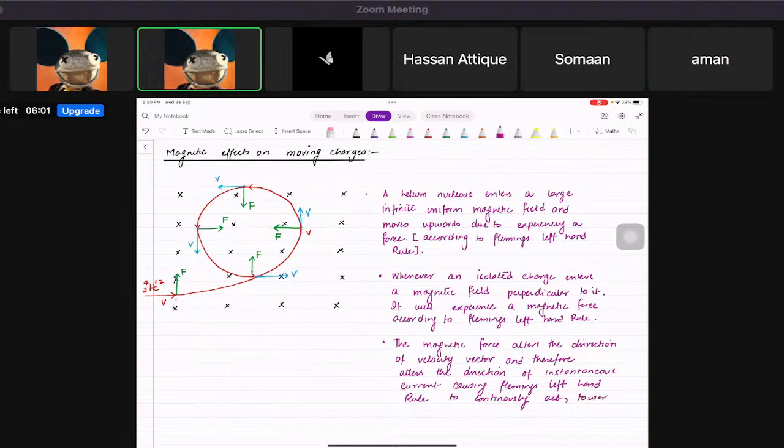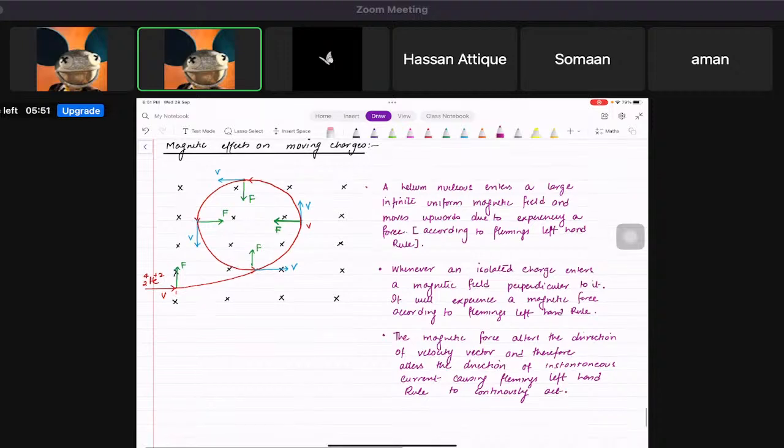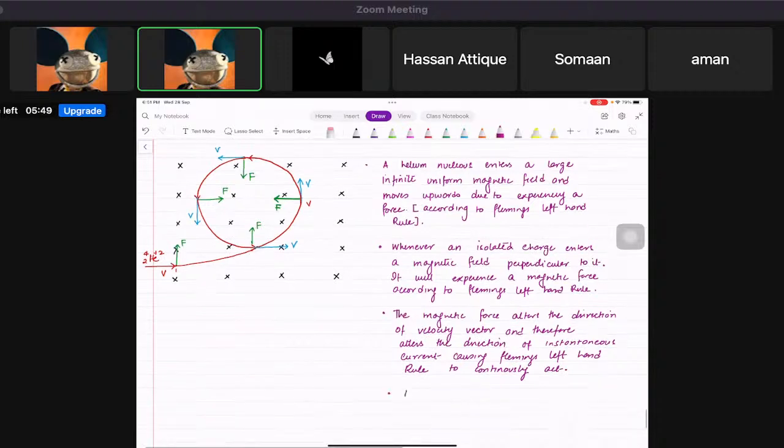Here I would say that the force continuously acts towards the center of the curved path.